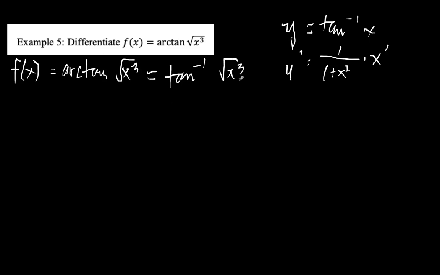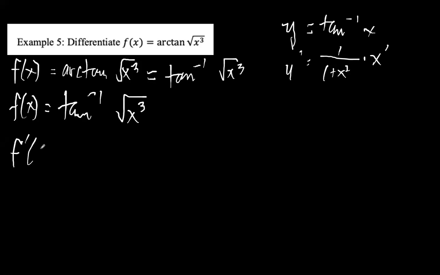Okay, so we're now ready. Let me rewrite that. f of x is equal to the inverse tan of the square root of x cubed. We will be using this rule to solve for the derivative of f of x.